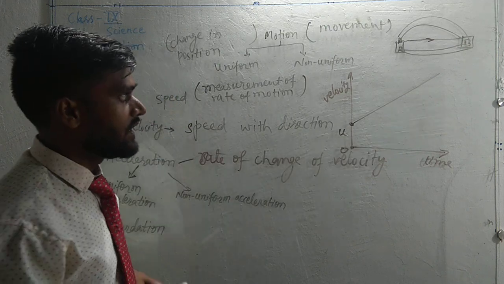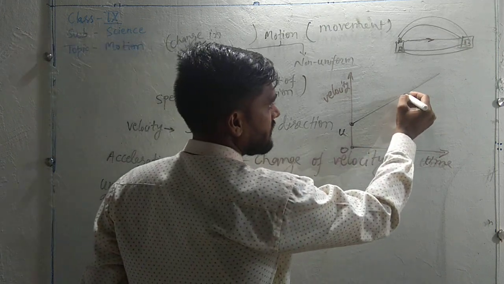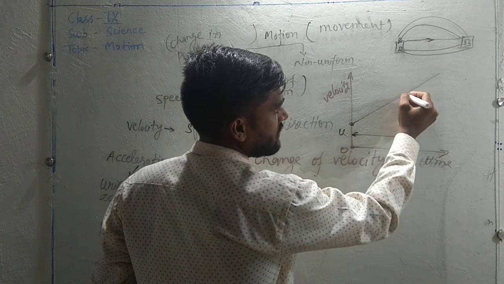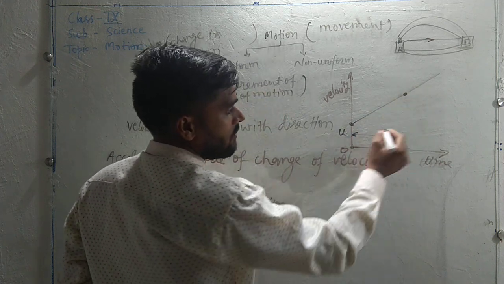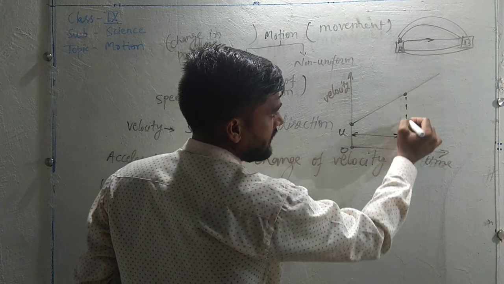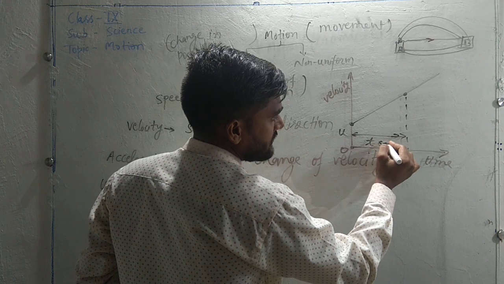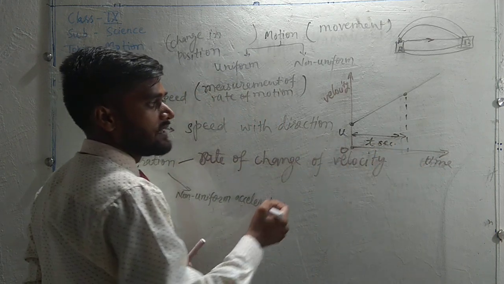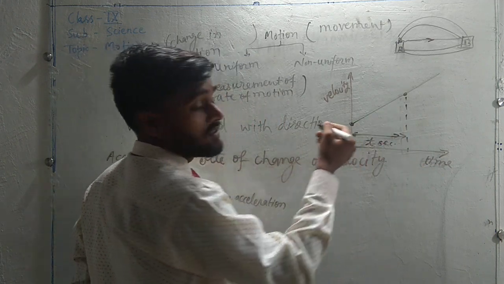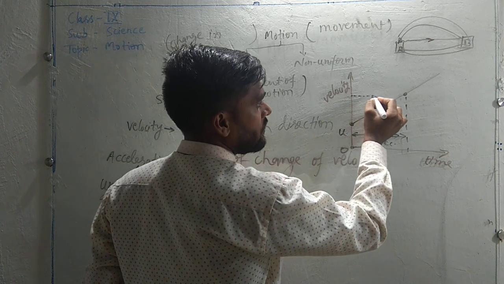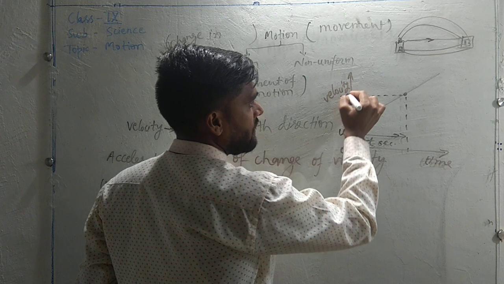Okay, so what can be the change? Let it be time t. After time t, it has moved up to this point. So we are considering this point after t seconds. After t seconds, how much velocity has changed? See, it has reached up to here. Let it be v.